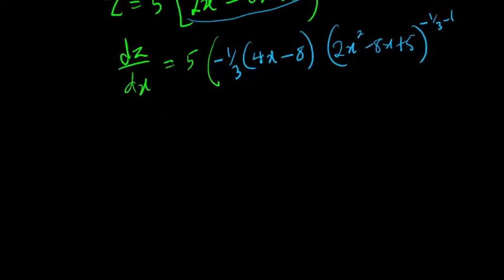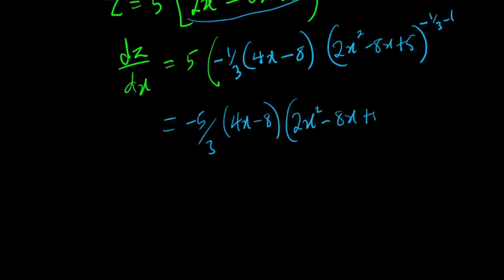So finally we have minus 5 over 3, 4x minus 8, and 2x squared minus 8x plus 5 raised to power minus 1 over 3 minus 1, that's minus 4 over 3, because minus 1 over 3 minus 3 over 3 is minus 4 over 3.